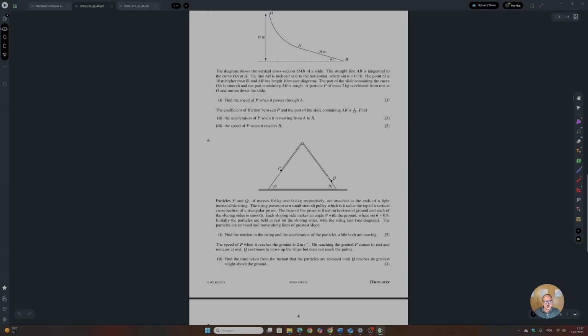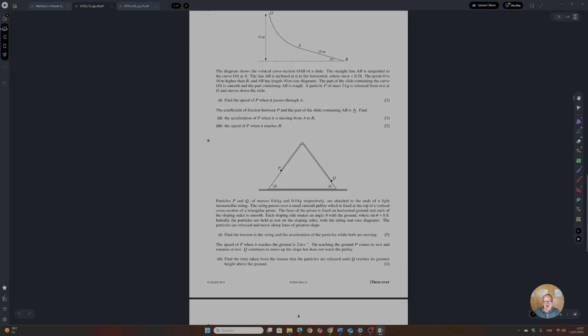It says particles P and Q of masses 0.6 and 0.4 kilograms respectively are attached to the ends of a light inextensible string. The string passes over a smooth pulley which is fixed at the top of a vertical cross-section of a triangular prism. The base of the prism is fixed on horizontal ground and each of the sloping sides is smooth, no friction.